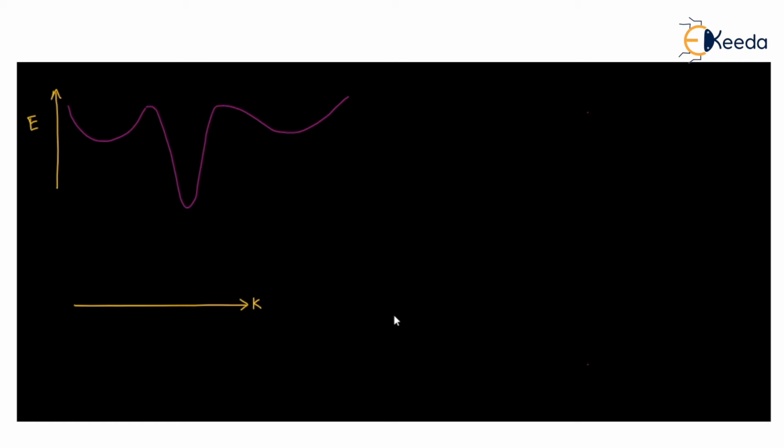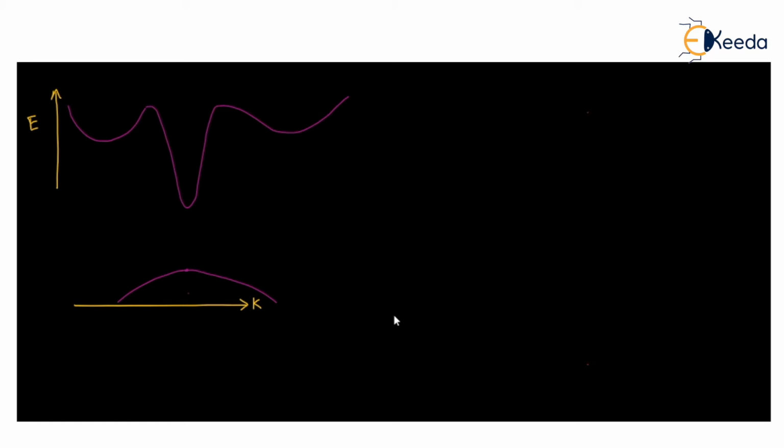The plot will look like this type, and there will be a valence band also, and the valence band will look like this. This is the valence band.